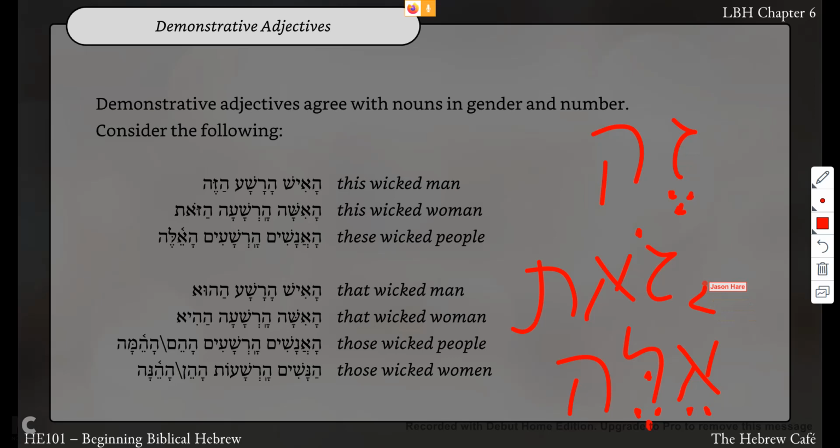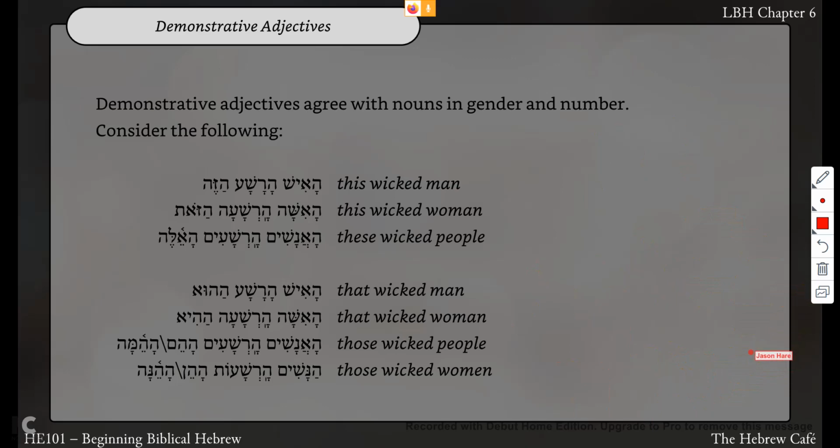Ze is masculine. This is the Zayin right here. Zot and ele. Ze, zot, ele. We will find other forms of the demonstratives in some texts of the Bible, like instead of ele, you might see halalu. Halalu is the same thing as ha'ele.